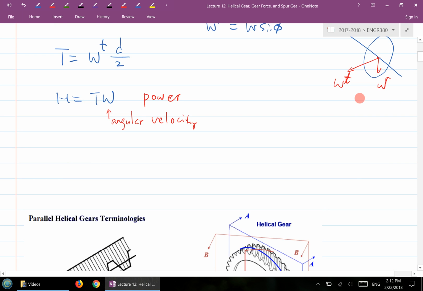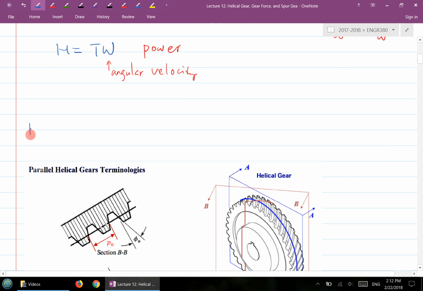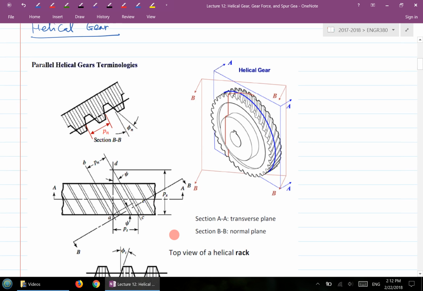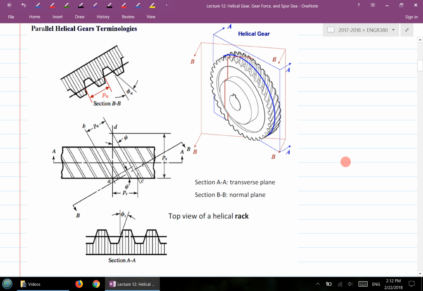Now let's look at the helical gear, and very quickly go through the helical gear concept. I think this picture is in the handout from the previous lecture. It seems quite complicated, but it's actually not.